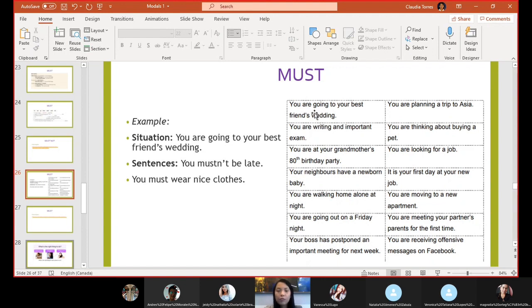Now here you have different scenarios, and I want you to choose a scenario and get a partner. You're going to choose a scenario for a partner, and your partner has to make sentences with must. So for example, let's say I say to Natalia, you are at your grandmother's 80th birthday party, so what must you do?